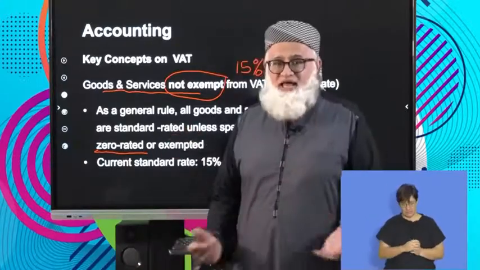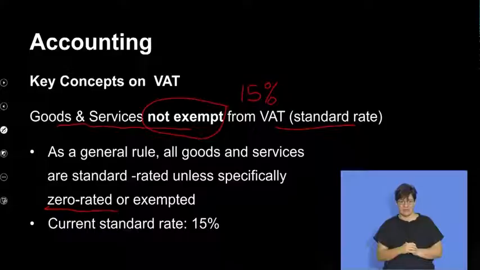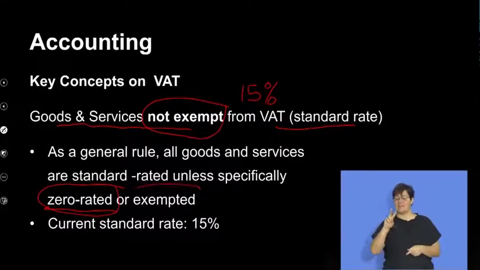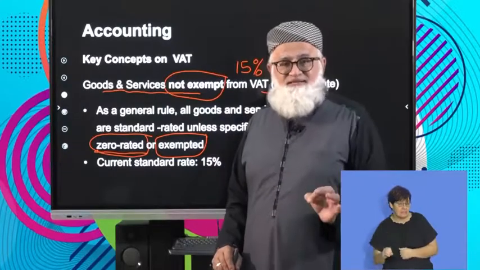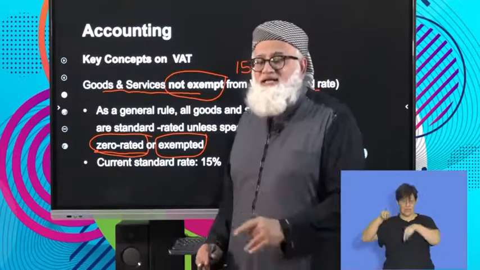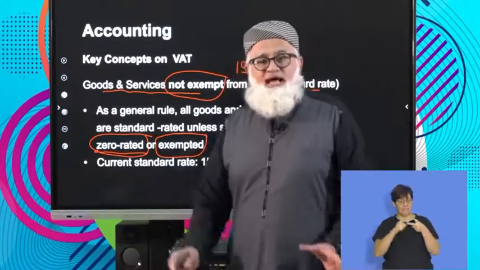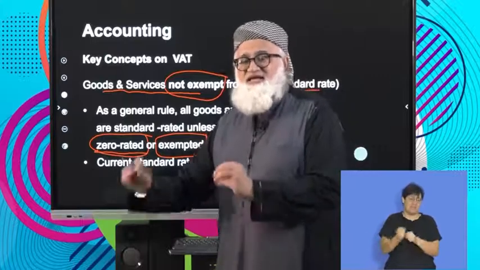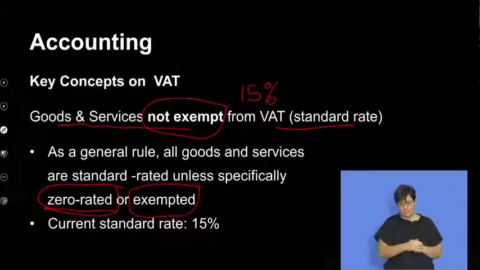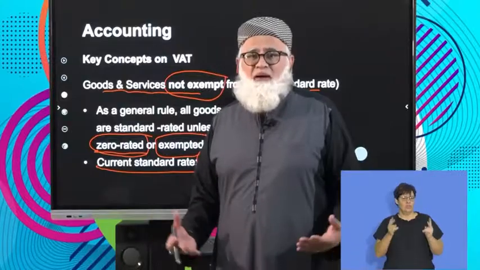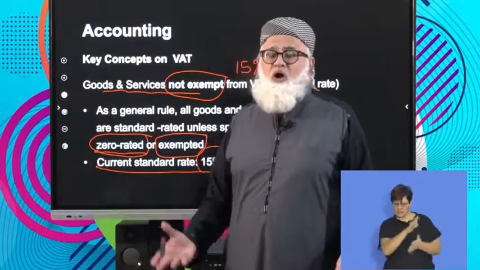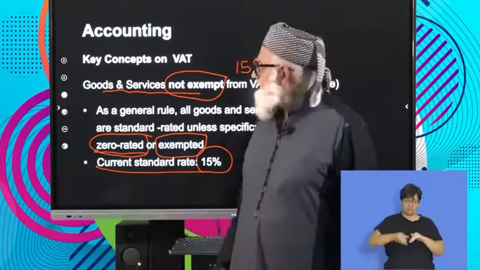There's a distinct difference between zero-rated and exempt. Zero-rated has VAT charged to it, but the rate is 0%. The second one is VAT exempt items. Those are items that will never ever have VAT in that particular transaction. The standard rate is 15%. Obviously, that is determined by the Minister of Finance, and that is the amount that can go up or down, depending on the needs of the country.